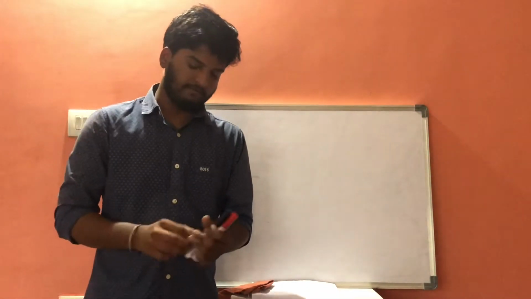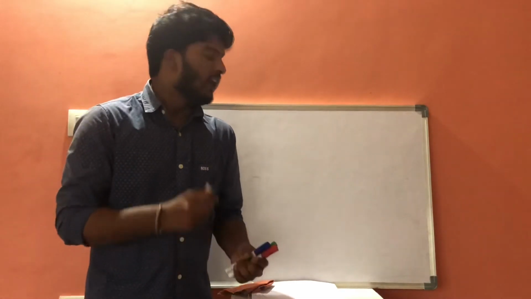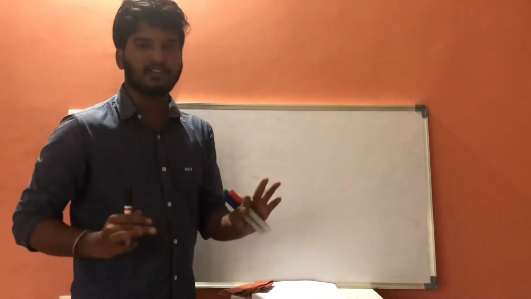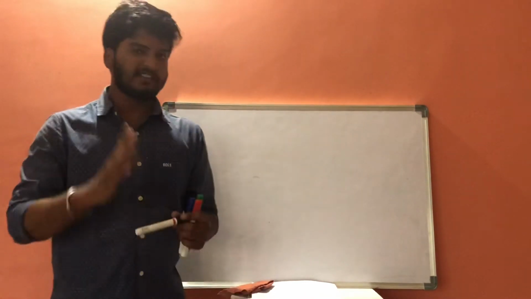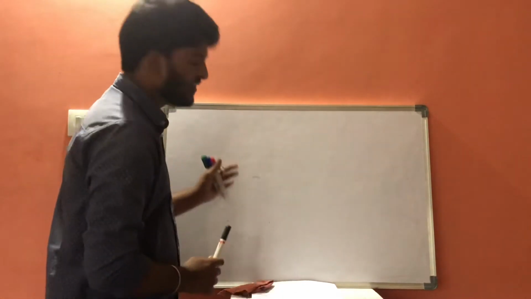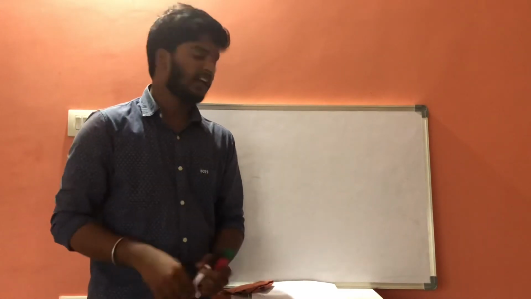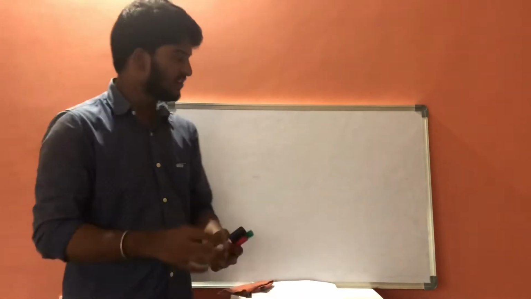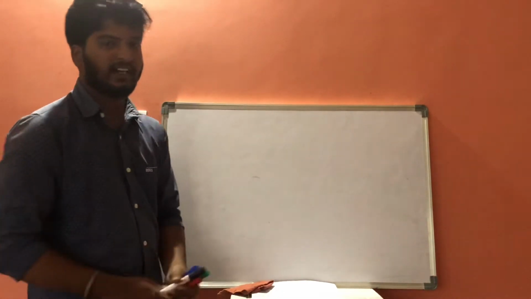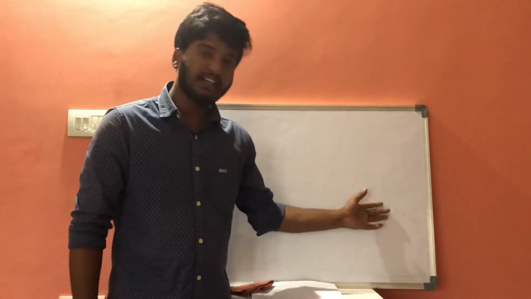With the continuation of this lecture, let us study the reabsorption of sodium at different parts of the nephron. First, reabsorption of sodium in PCT. Next, in the distal convoluted tubule. Next, in the loop of Henle. And next, in the collecting duct.